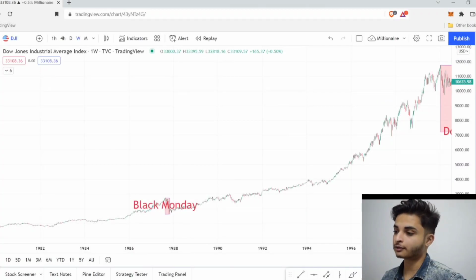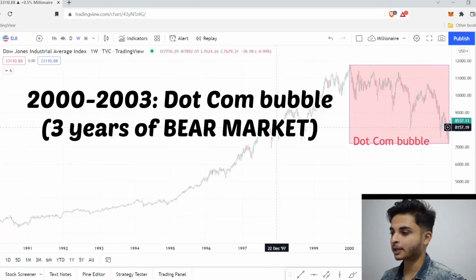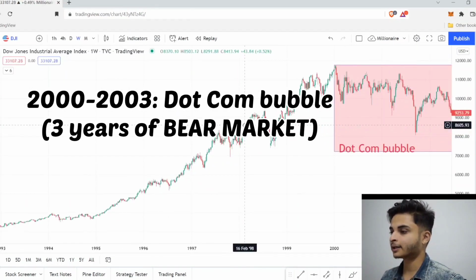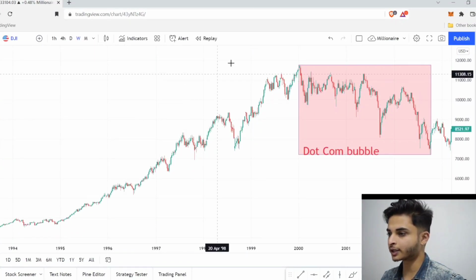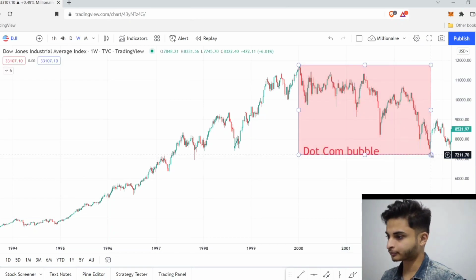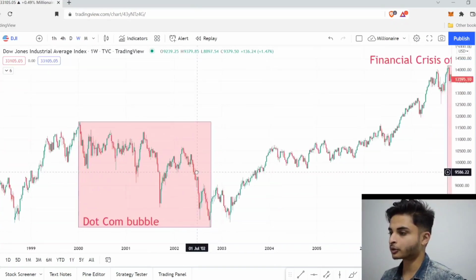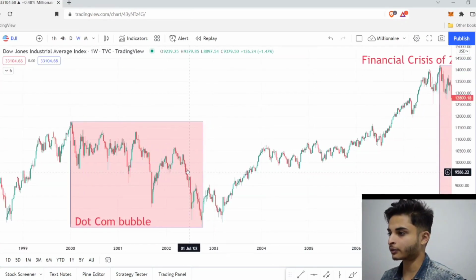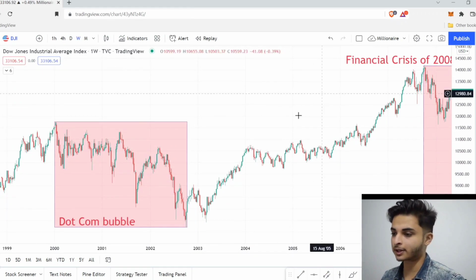In the year 2000, we all know the famous dot-com bubble which happened, and that started the next bear market where the market entered into a downward direction for almost 2-3 years and it lost again 40%, and then again the bull run would resume. From 2003 we saw the market go from 7,500 to a peak of 14,000, almost 100% return in a span of 5 years.